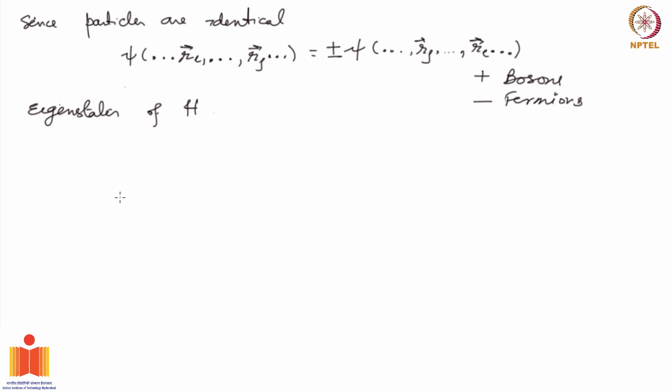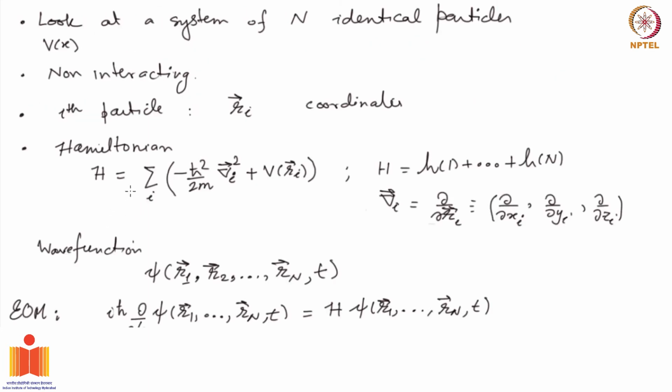Earlier we encountered this. If I take this small h, which is the Hamiltonian for particle number 1, and look at its eigenfunctions, those we were denoting by u of n. For a single particle, the eigenfunctions we were denoting by u of n with energy eigenvalue En.